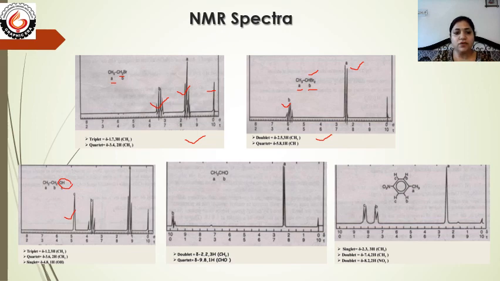In the case of the first signal, there is no splitting because there is no neighboring hydrogen. H is directly attached to O and then O is attached to C, so there is no other hydrogen there. Like this, you can also deduce the appearance of the quartet and the triplet. You can also practice the remaining 2. If you find any problem, you can contact me.